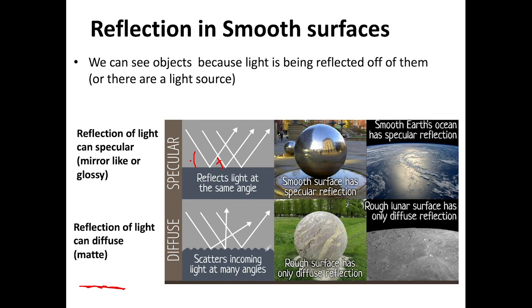So scattering occurs. The light comes in, but instead of bouncing back at a nice angle that allows you to see a reflection on the other side, the light goes off in lots of different directions. So it scatters and sends light off in many different angles.